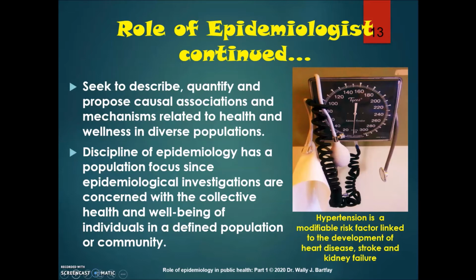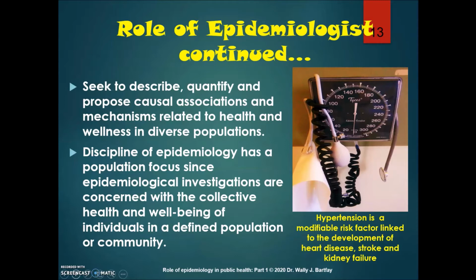The discipline of epidemiology has a population focus since epidemiological investigations are concerned with the collective health and well-being of individuals in a defined population or community. So one classical study, such as the Framingham Heart Study, which has been going on for almost 70 years now, has identified various risk factors associated with the development of various forms of heart disease.